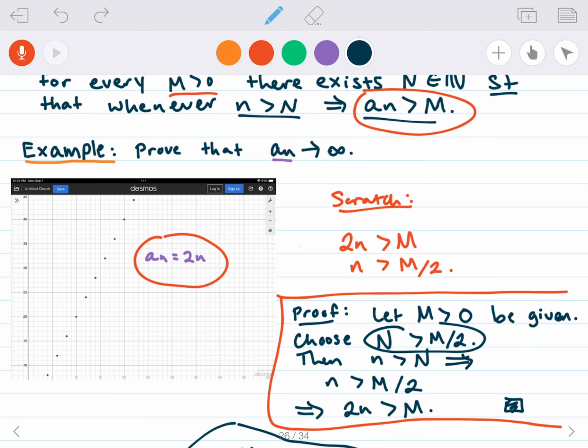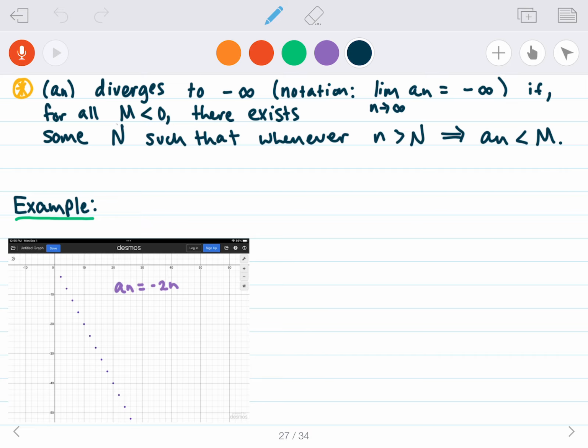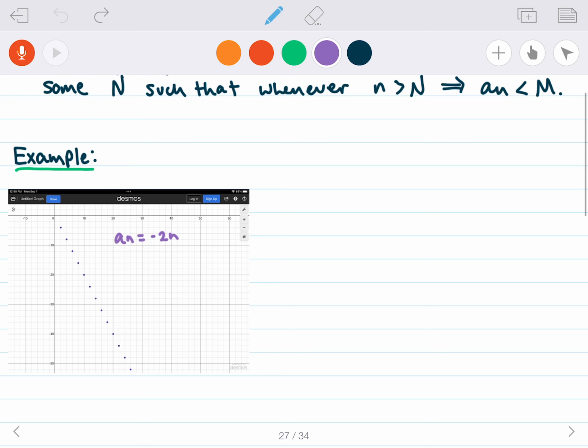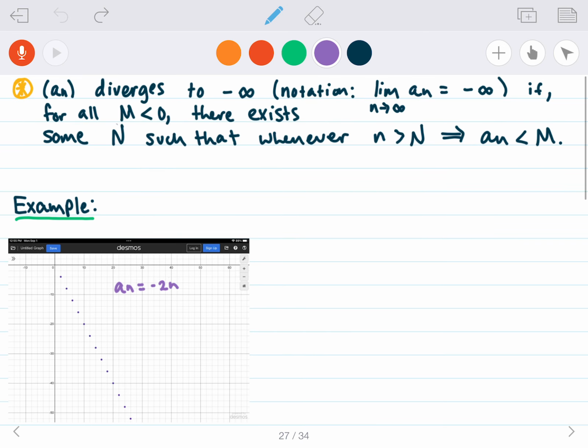As little n gets bigger and bigger as the sequence goes on, it's never going to converge to a single number. It's always getting bigger and bigger. And we can give an analogous statement for diverging off to negative infinity. Here is an example of a sequence that goes off to negative infinity, negative 2n. And this is the analogous notation.